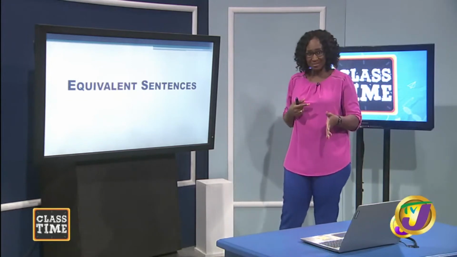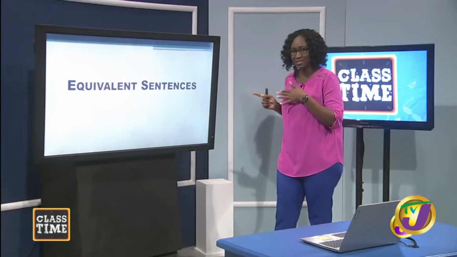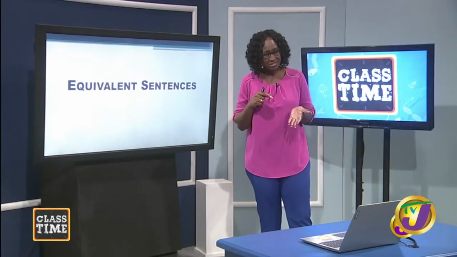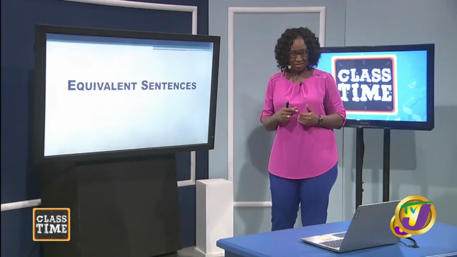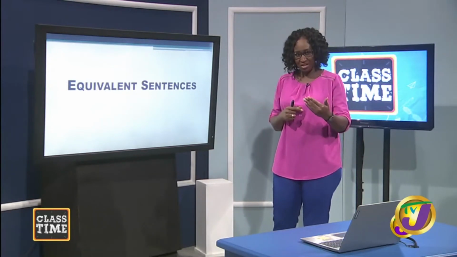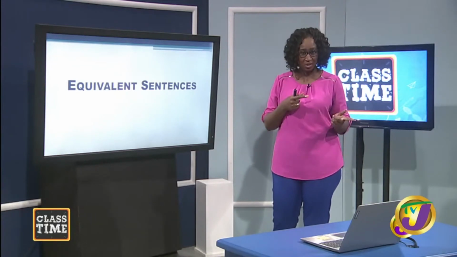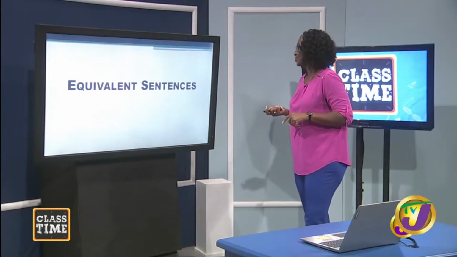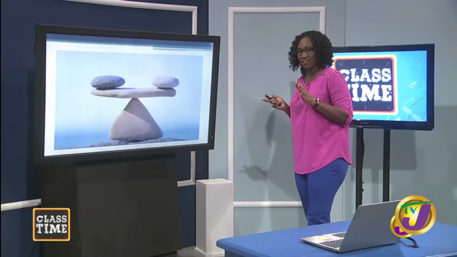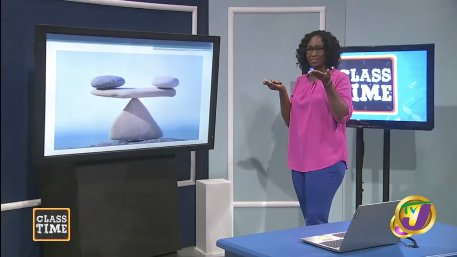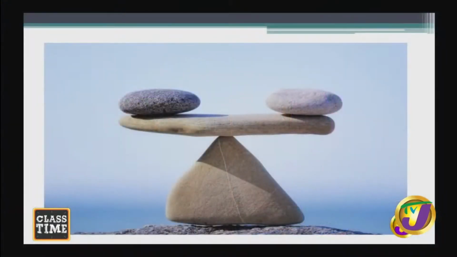Now, something similar to that is the equivalent sentence. In this case, you're given the new sentences to ascertain which one is closest to the original one. So there we have the balancing act. Remember, this sentence and the new one must be equivalent. They must balance out.